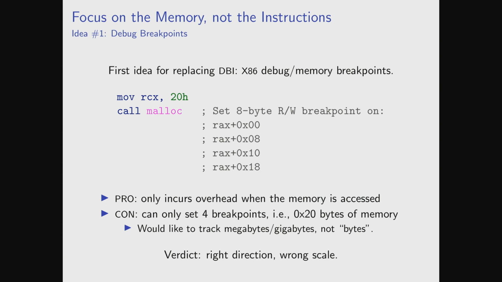So for example, every time a call to malloc takes place, just set read and write breakpoints across the entire structure. So this isn't a good idea. It does not work because we simply don't have enough breakpoints. x86 only gives us 4 breakpoints, which means a total of 32 bytes of memory that we can track. And that's not even enough to cover one small structure.